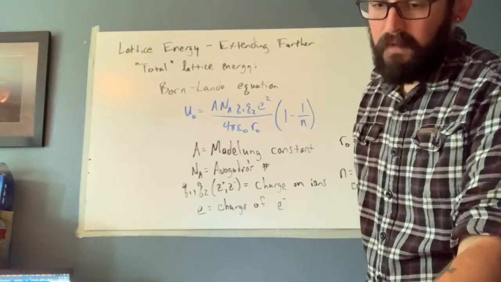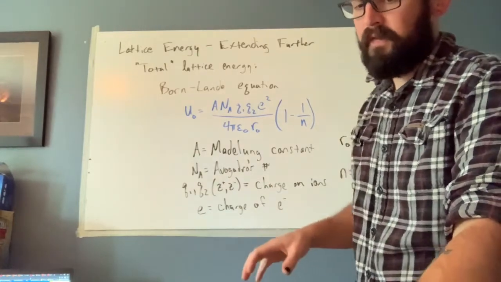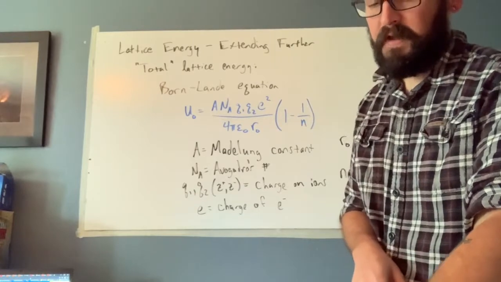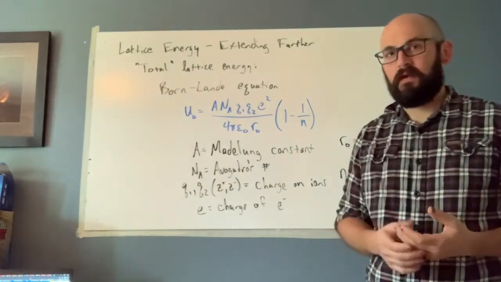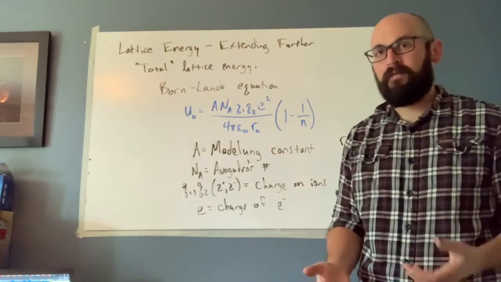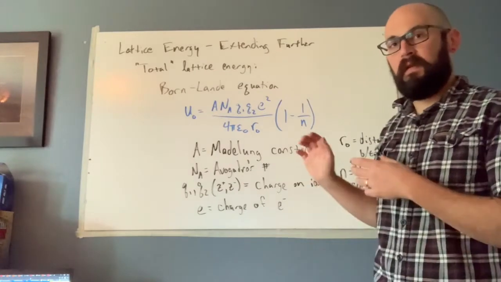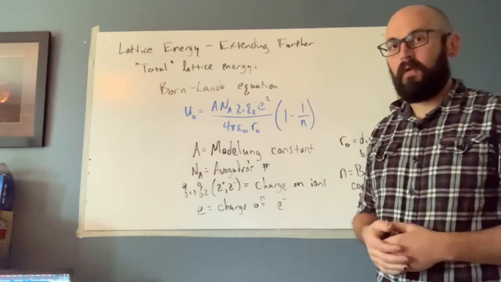The Born compressibility factor for a neon electron configuration is 7, whereas that of a krypton electron configuration is 10. So we're going to take the average of those two terms, so we'll get 8.5 as our N value if we were calculating the lattice enthalpy or lattice energy of, say, cesium fluoride.